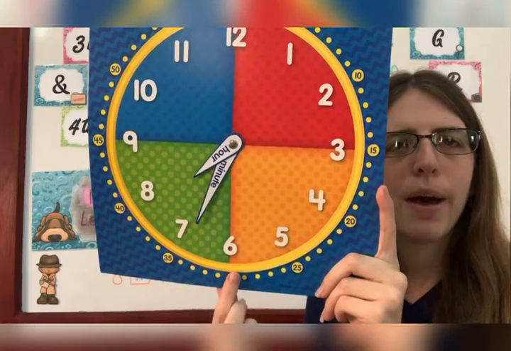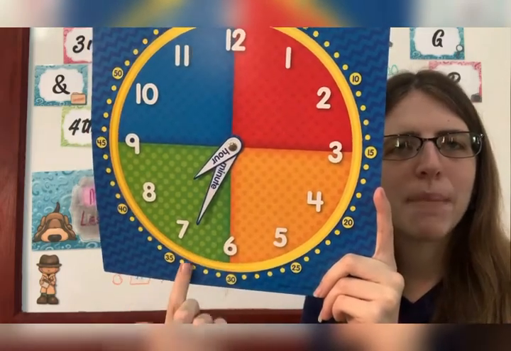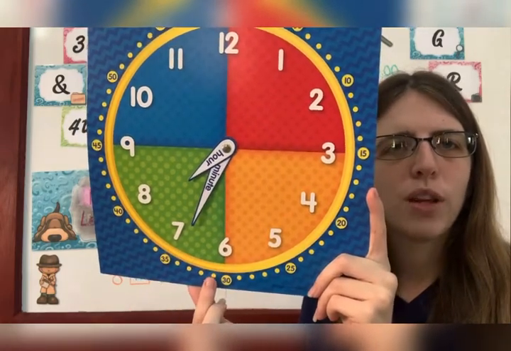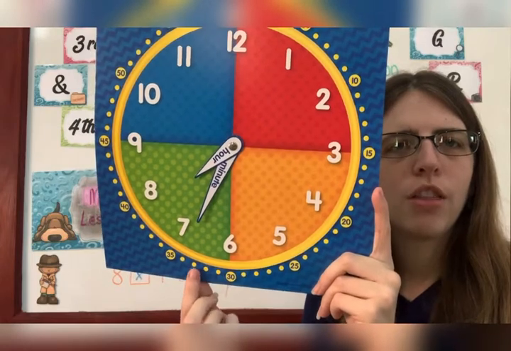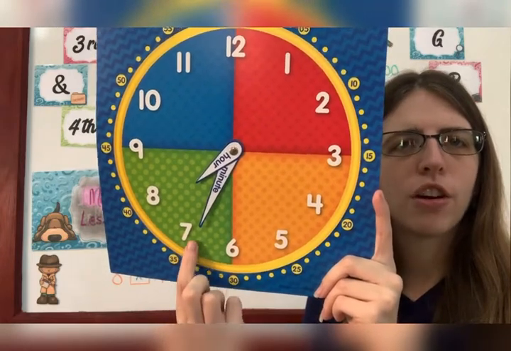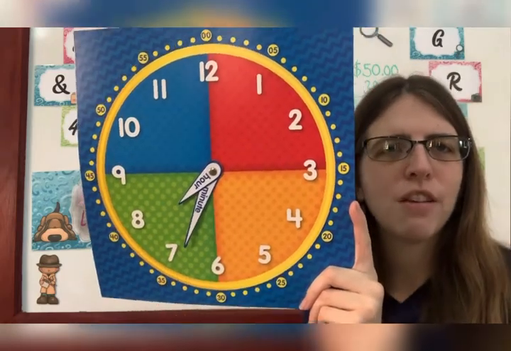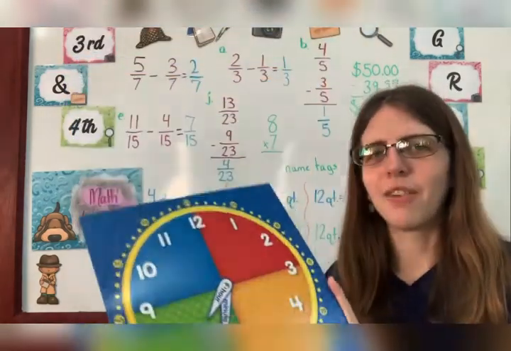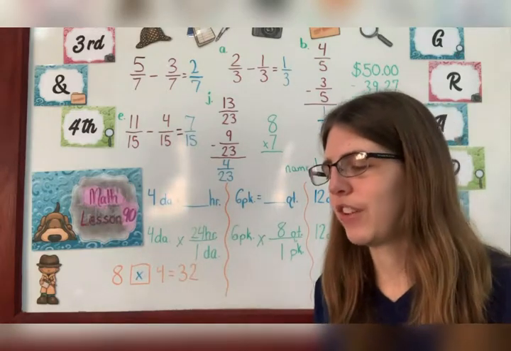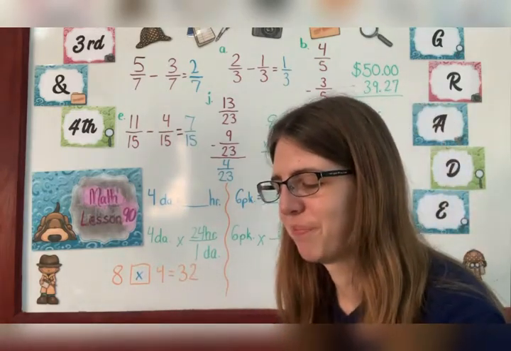So now I count by ones until I get to where my minute hand is. So 31, 32, 33, 34. So the time is 7:34. All right, and I want you to do the very same thing with letter B.